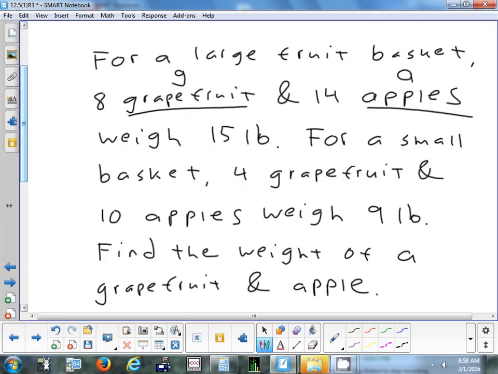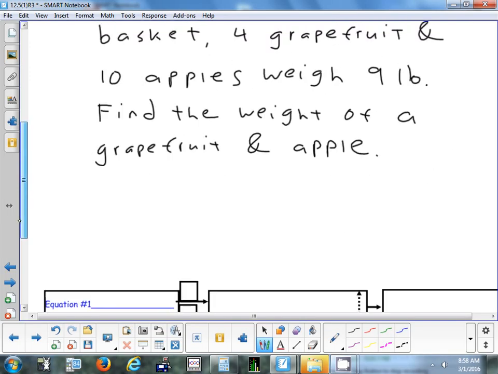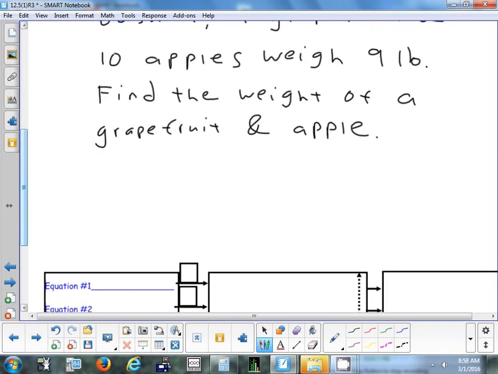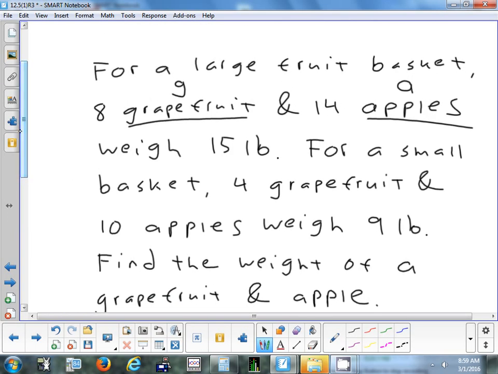So let's start with this first part. 8 grapefruit. How do you think you would represent that in an equation? 8X. Close. I like 8 times a letter, but what letter did we use? G. 8G. Right, so for now, I'm going to put it outside the box, and then I'll start using the template once I get my equations. So we have 8 grapefruit. How many apples in the large fruit basket?